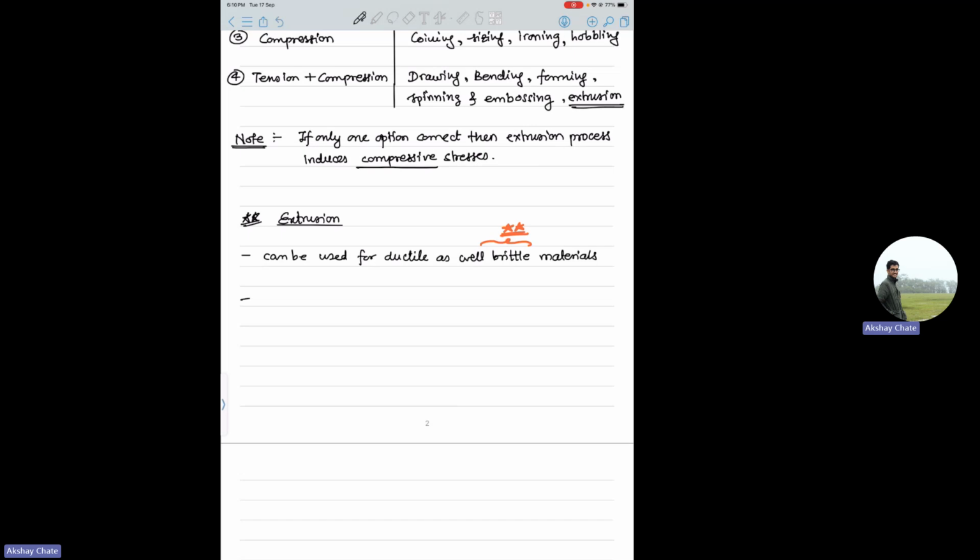So sometimes they give nuclear reactor rods, which can be manufactured by extrusion. Many times you will have this match the column or match the pair kind of questions. So if you have the nuclear rod option, mostly it is done by extrusion.